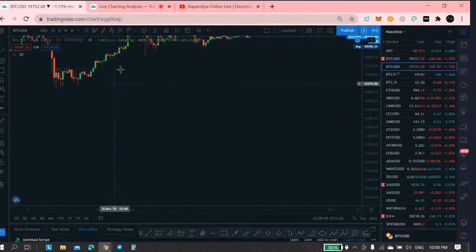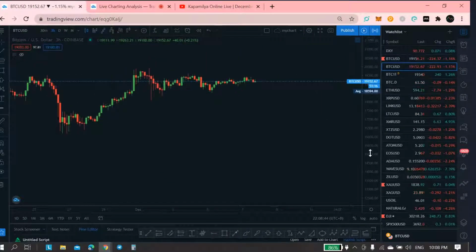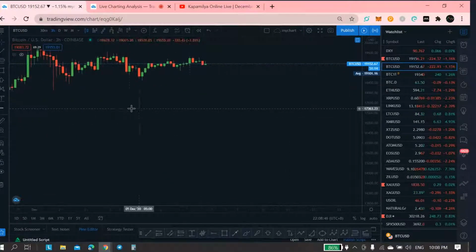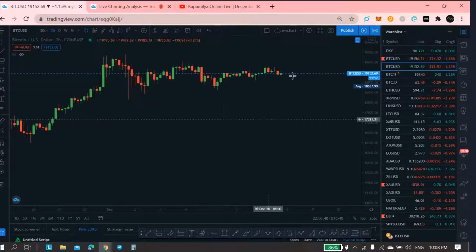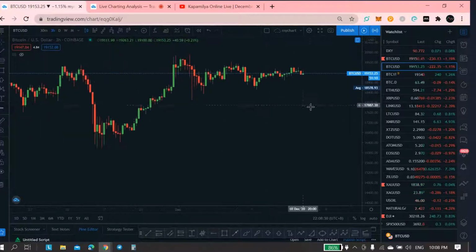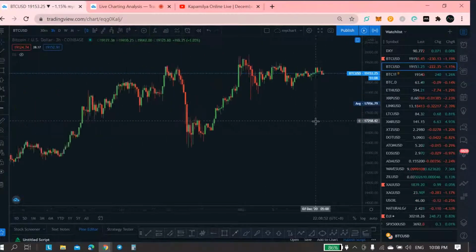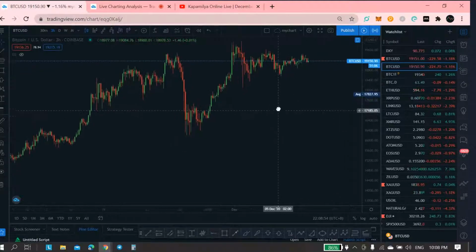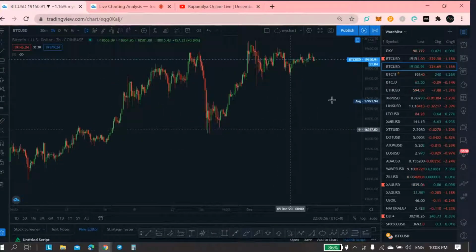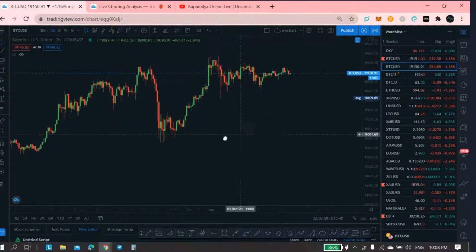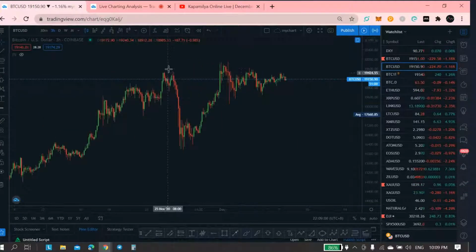Actually, there is a doji here. Oh, no, it's not a doji, but it looks like a doji. Oh, yeah, I remember.